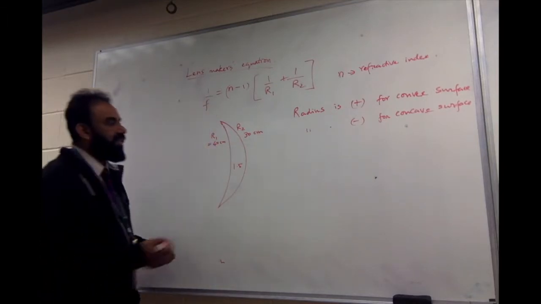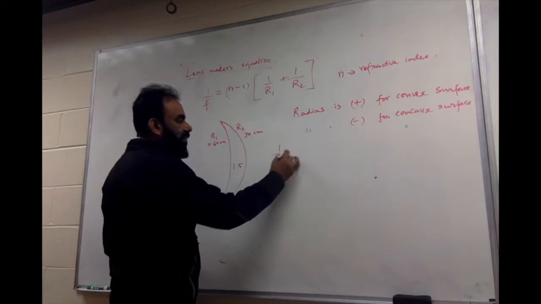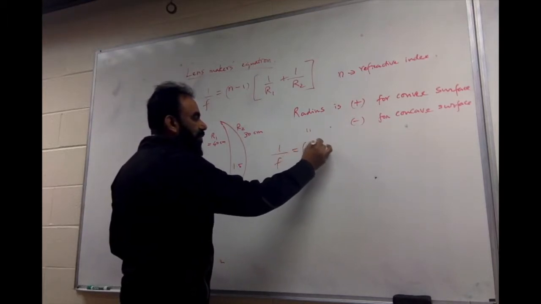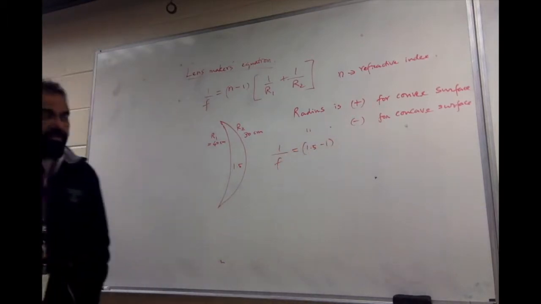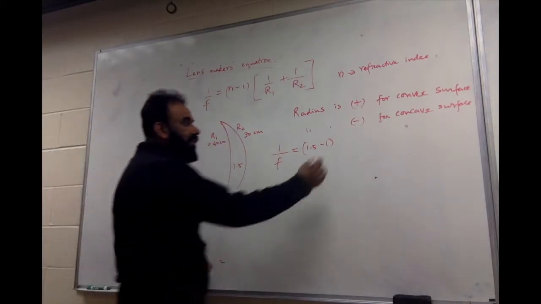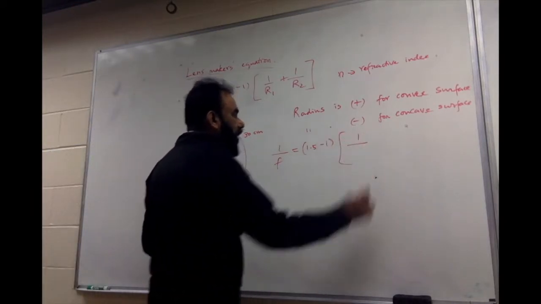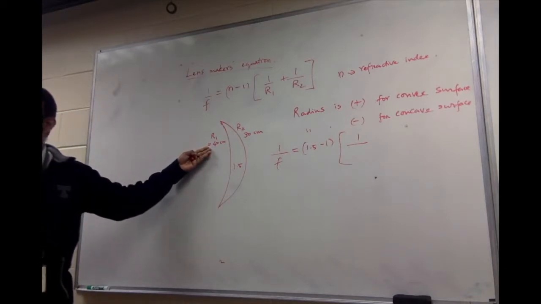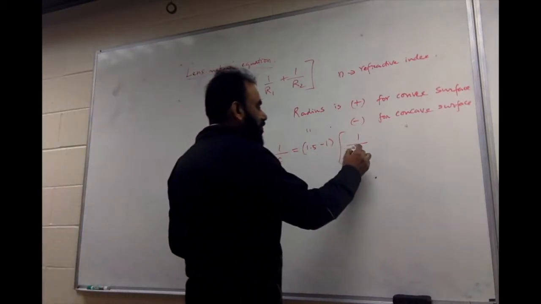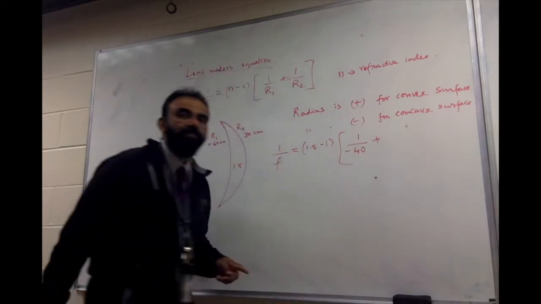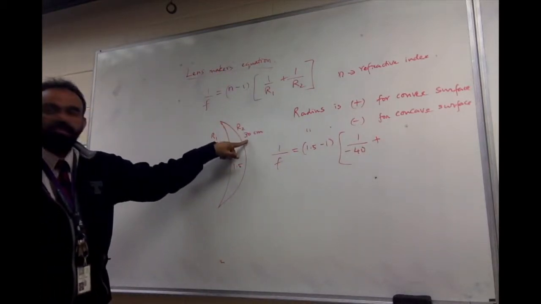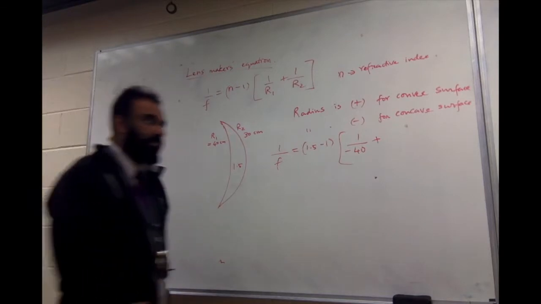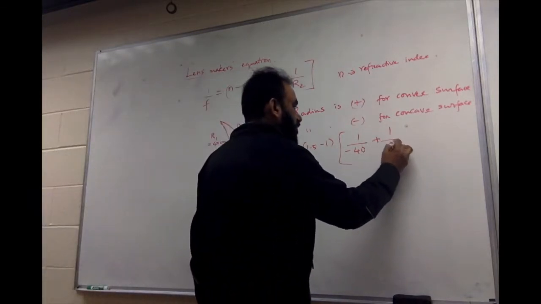So how do you use that equation? 1 over f is equal to 1.5 minus 1, that is the refractive index minus 1, and within brackets, 1 over R1. In this case, R1 is 40 centimeters, but it is concave, so put minus 40. Plus 1 over R2, which is 30 centimeters and convex, so just positive.